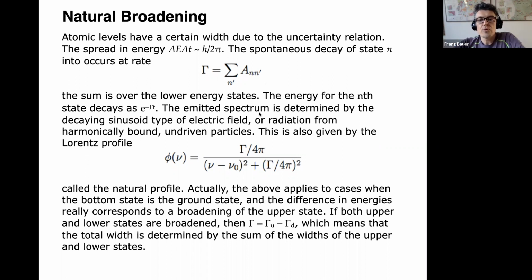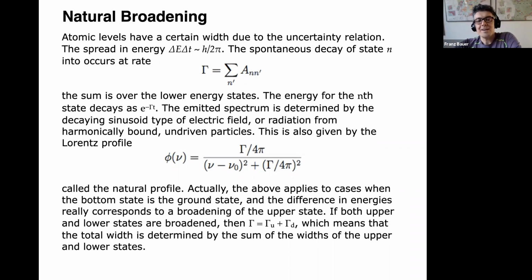Or we could also think about the radiation being harmonically bound with undriven particles. So this particular sort of uncertainty translates into this Lorentz profile, which looks like this. So this sort of classical derivation again has a place in quantum mechanics through the uncertainty principle.